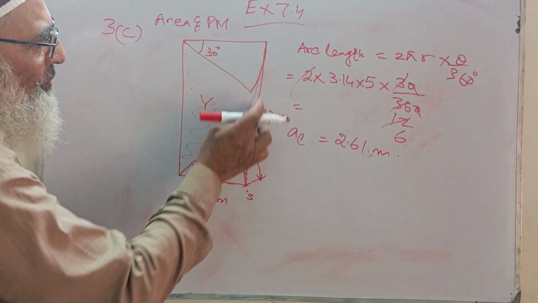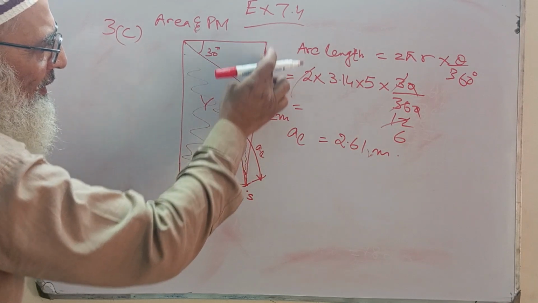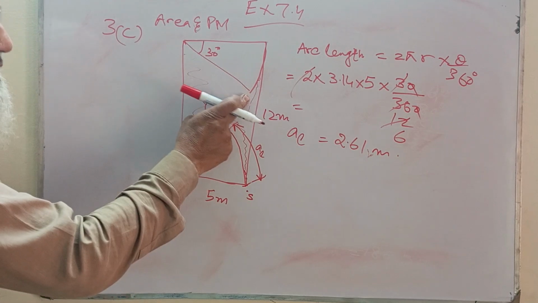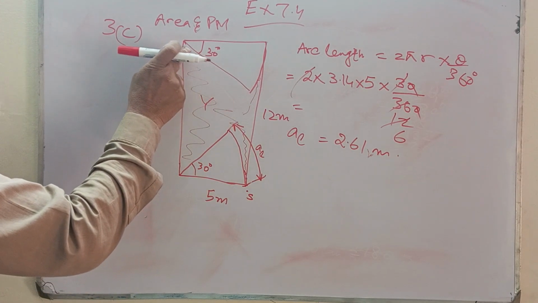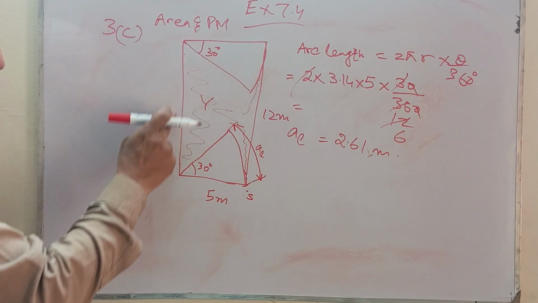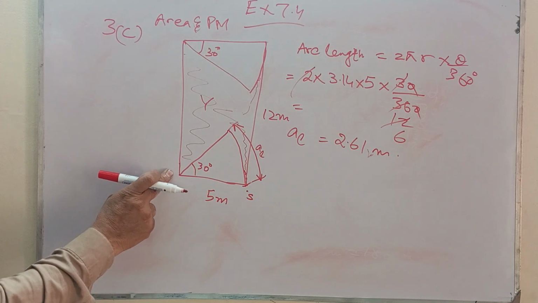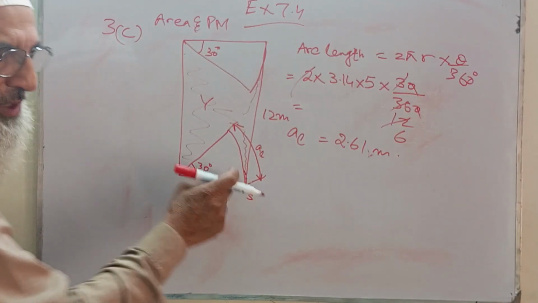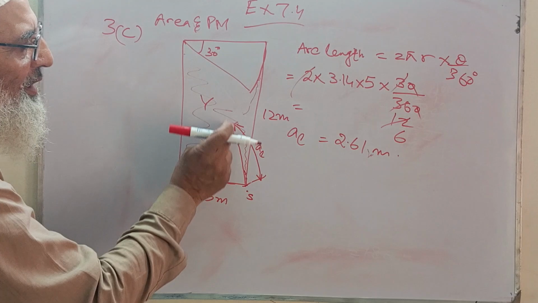Now we go from here, then we come with the circular path. Then we consider this radius, back to this longer length, the shorter length, which is the breadth, and then again the circular path.